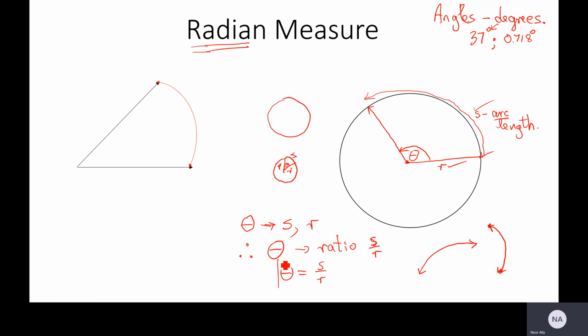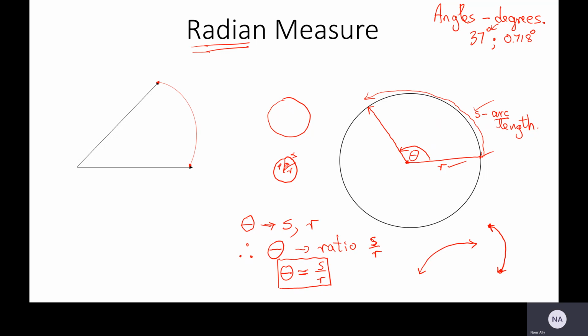Theta is equal to S over R. In other words, the angle theta is equal to an arc length divided by a radius.